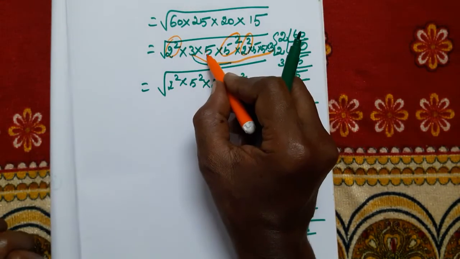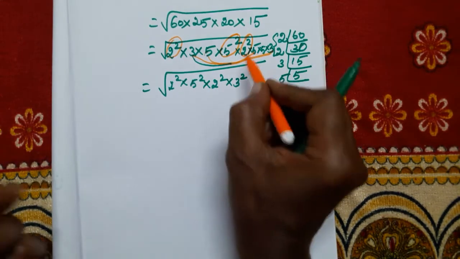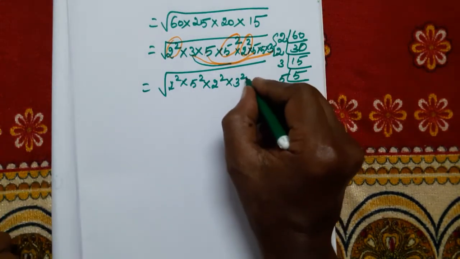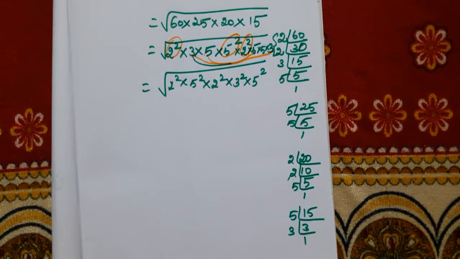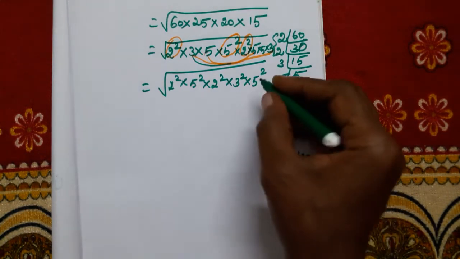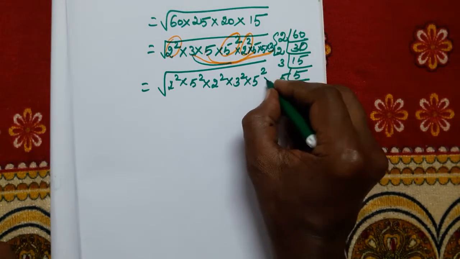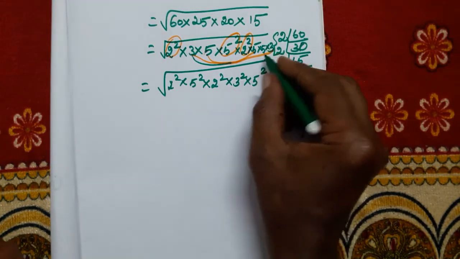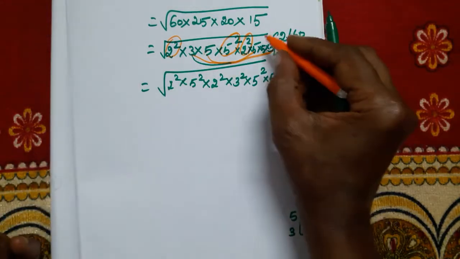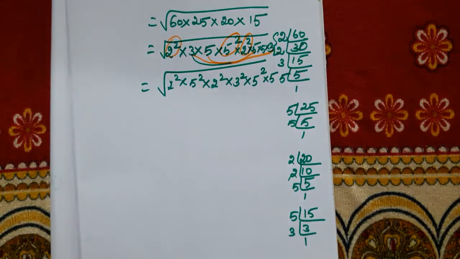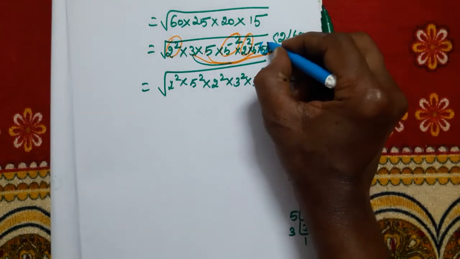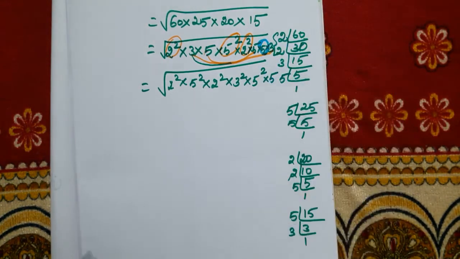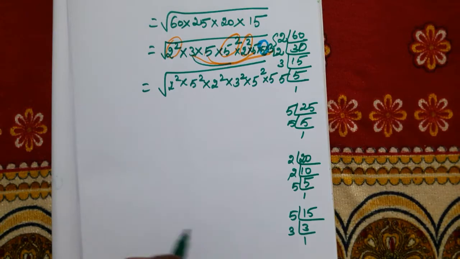Next 5 into 5, what are we getting? 5 square. One more 5 alone is left here. That 5 is not having a pair, so that 5 alone we have to write.